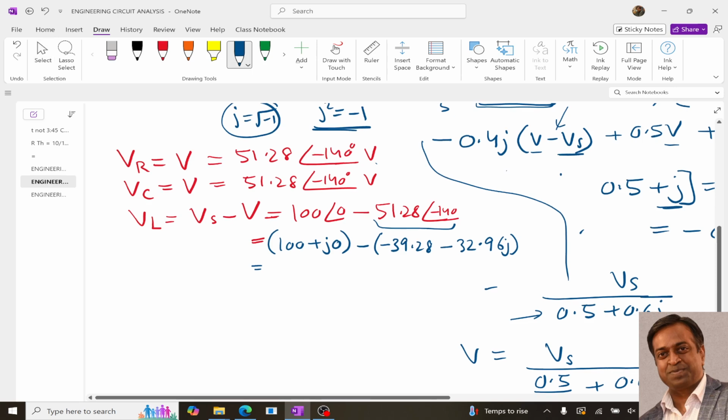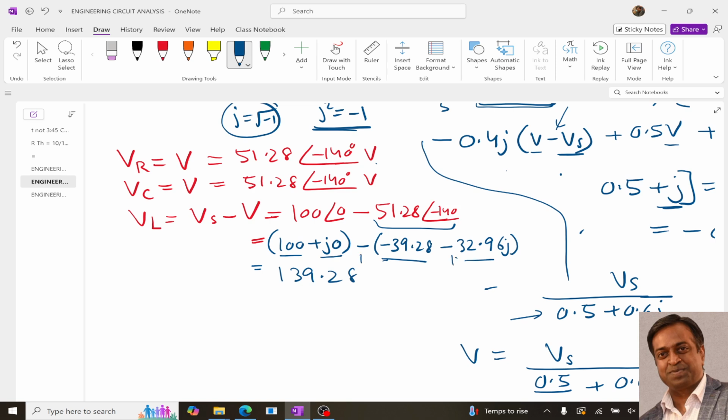And now, mathematically solving it, we get 100 minus 39, so it is 139.28, and then j0 minus minus 32.96, so plus 32.96j.